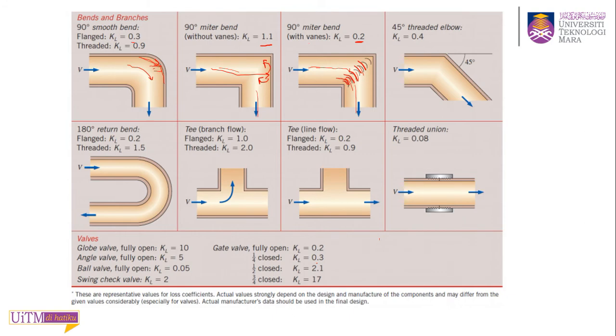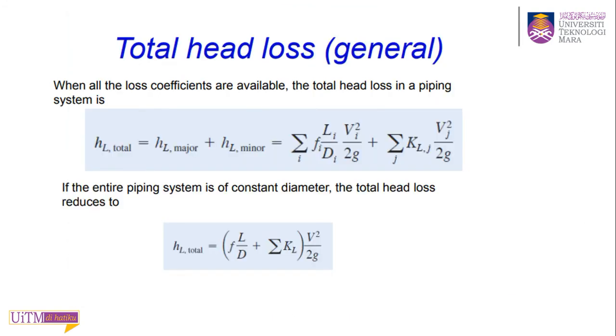To calculate the total head loss in your piping system, as I said, you need to add both losses, major losses plus minor losses, which will give you the total head loss. Use the equation for major losses and the equation for minor losses.